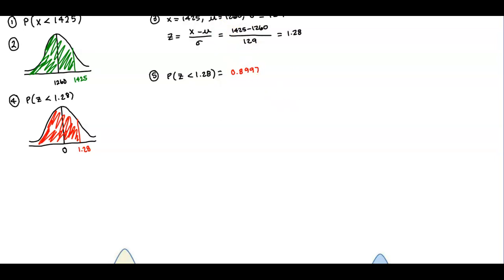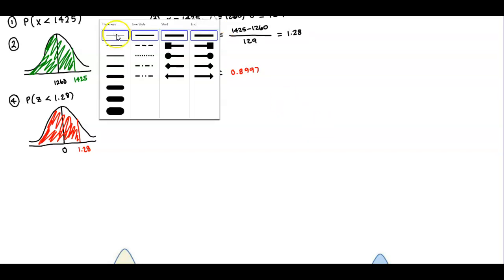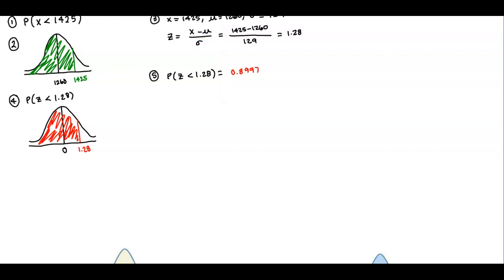So what does that tell us? Well, we want to convert the probability to a percentile by multiplying it by 100% and then rounding it to the nearest integer. So we're going to take the probability, 0.8997, multiply it by 100%, which gives us 89.97%.